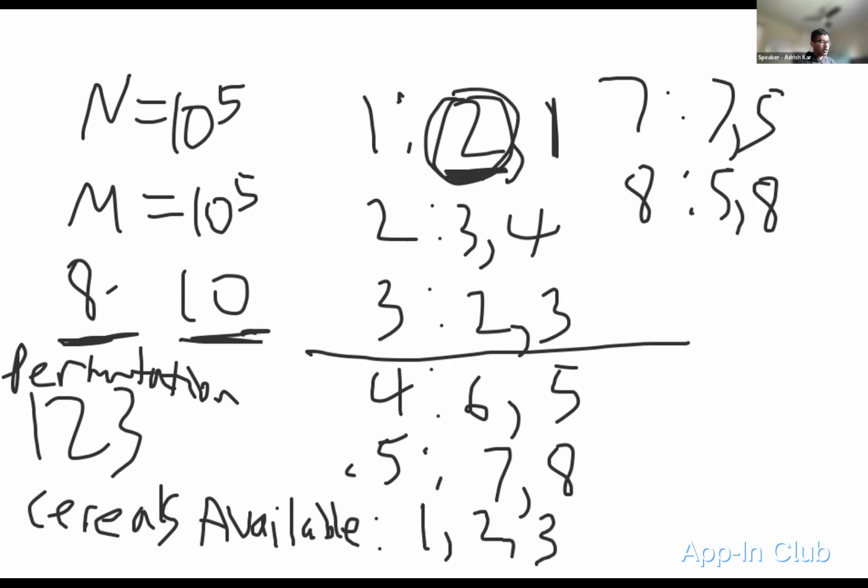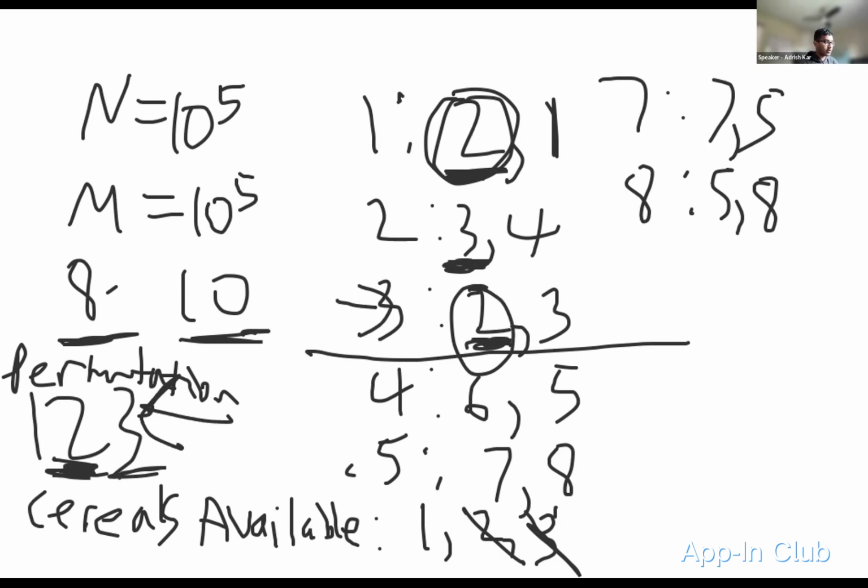Once cow 1 picks 2, cereal 2 is not available anymore. Then cow 2 arrives, and cow 2's favorite cereal is 3, so 3 is taken. And finally cow 3 arrives, and cow 3 prefers cereal 2, which is already taken. So this is not an optimal permutation, because one cow, cow 3, will leave and go hungry.